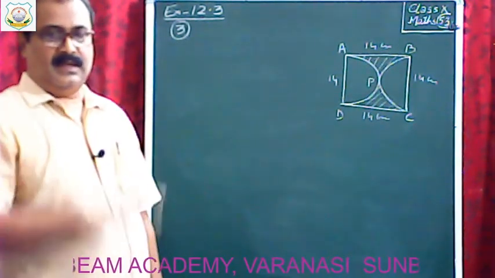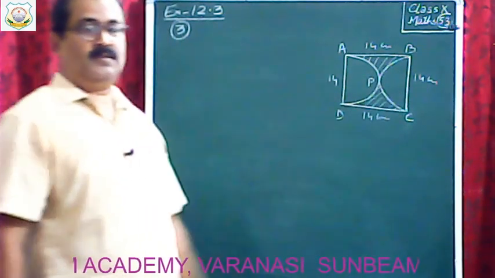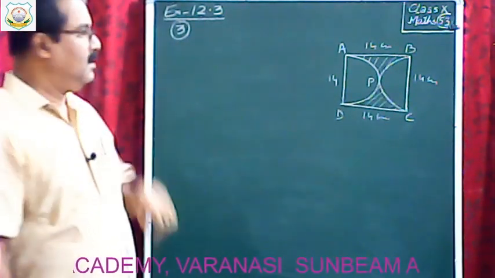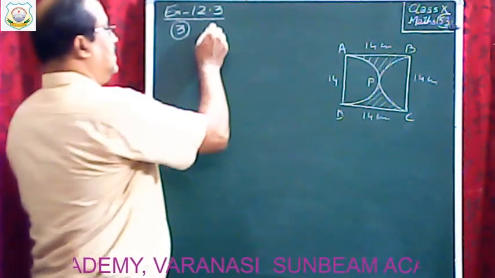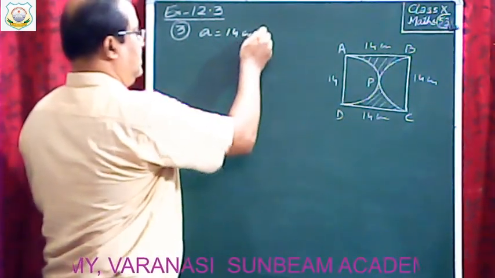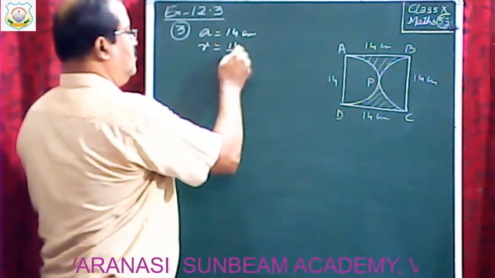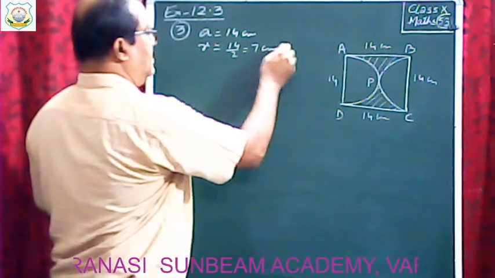Isn't it? There are two semicircles, so minus 2 into area of semicircle. Given, side of square a is 14 centimeter, radius equal to 14/2 equal to 7 centimeter.